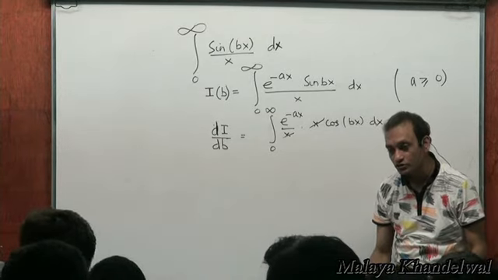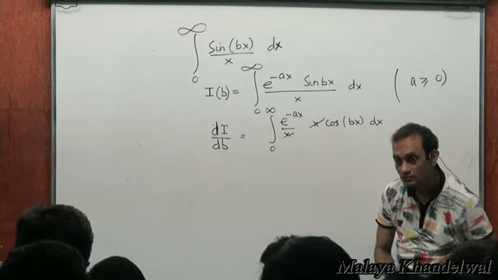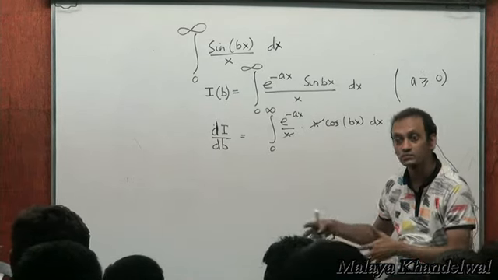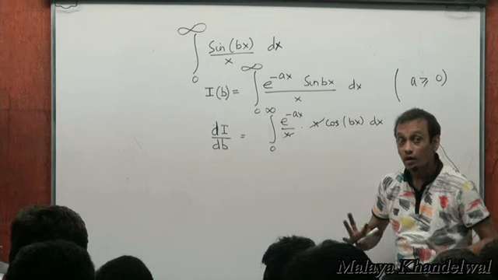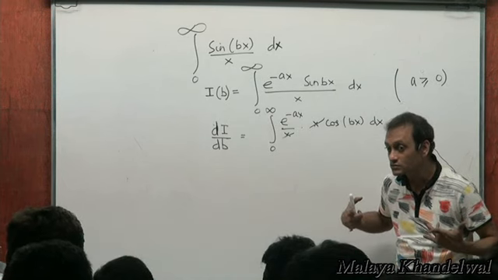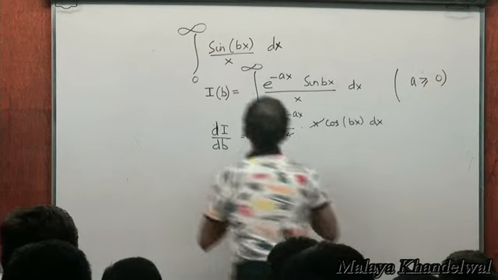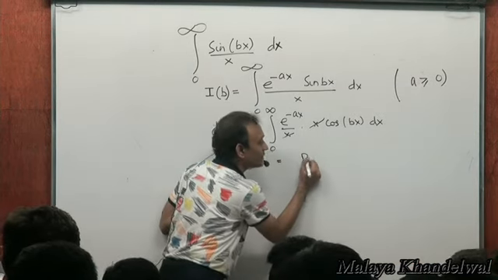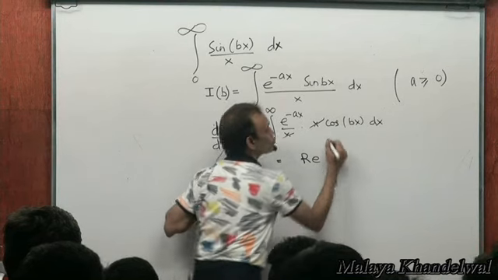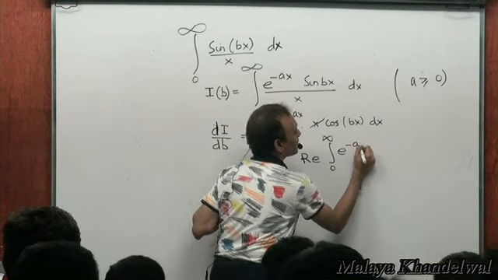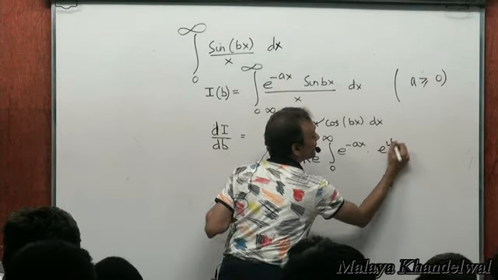This kind of a function you've integrated in the past. E power mx cos bx plus c integrated using parts and also using, this is real part of the integral from 0 to infinity of e power minus ax e power ibx. Yes or no?